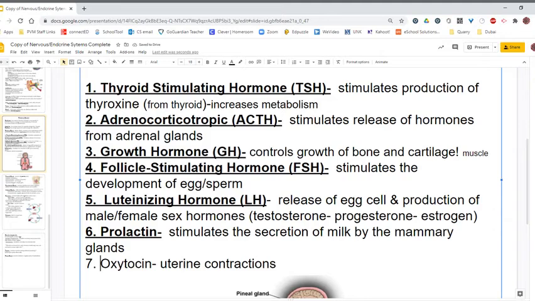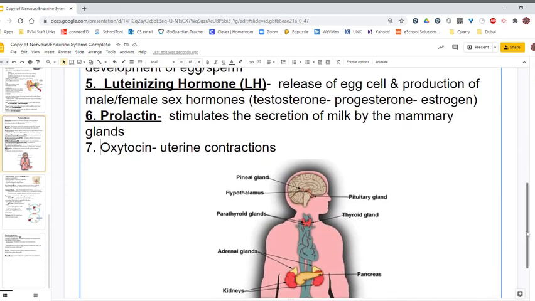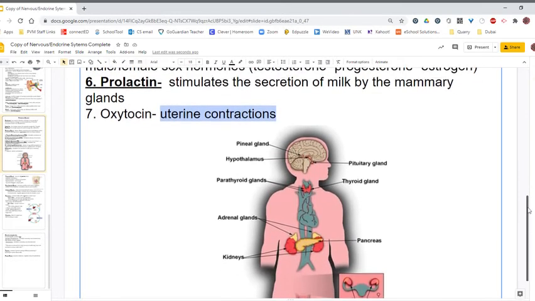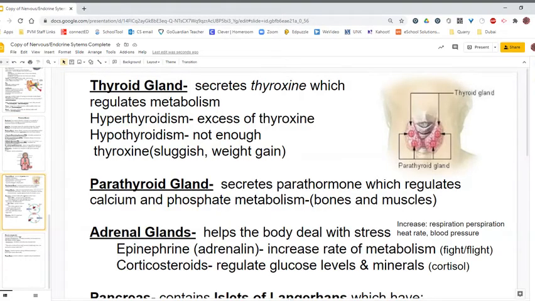Oxytocin, which is produced by the pituitary gland, is responsible for causing uterine contractions, but it also has other effects as well, including pair bonding and emotional relationship bonding between mom and child. The production of oxytocin has a significant effect on bonding mechanisms.